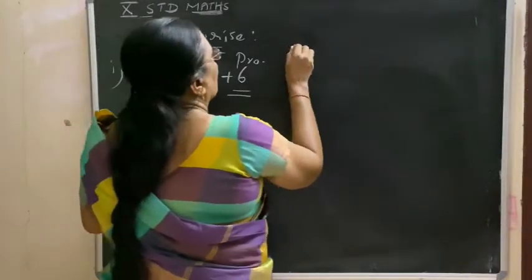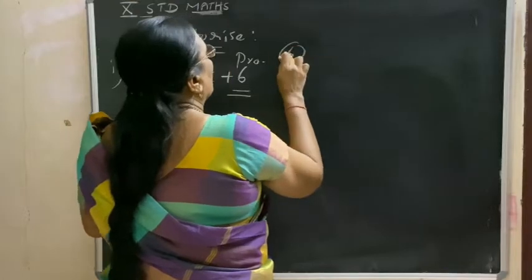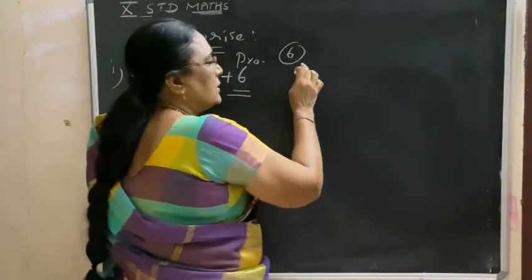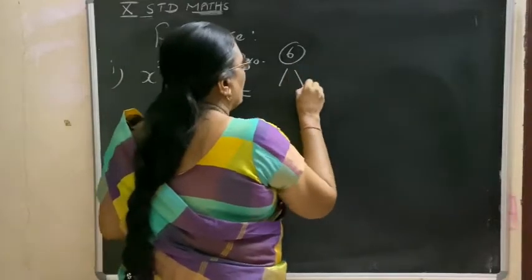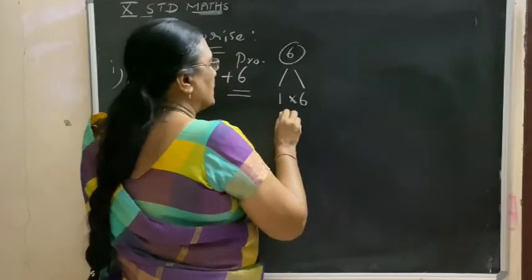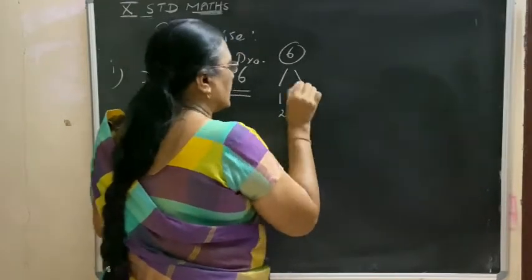To get that product and sum, you take the product 6, and I am going to write the multiples for that product. 1 6s are 6, 2 3s are 6.